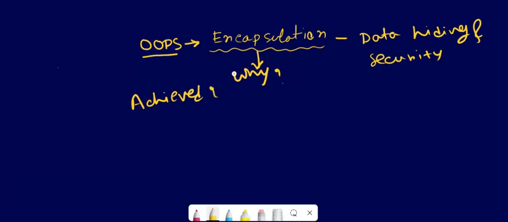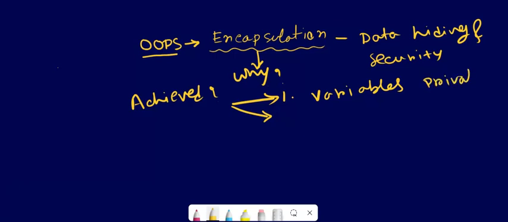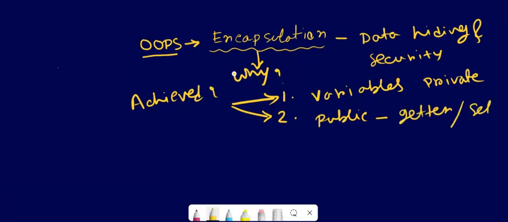Now, the last point about encapsulation: how can we achieve it? The rules say there are two ways. One is to make the variables private. Whatever variables you are going to declare, make all of them private. Point number two, you have to provide public getter and setter methods.